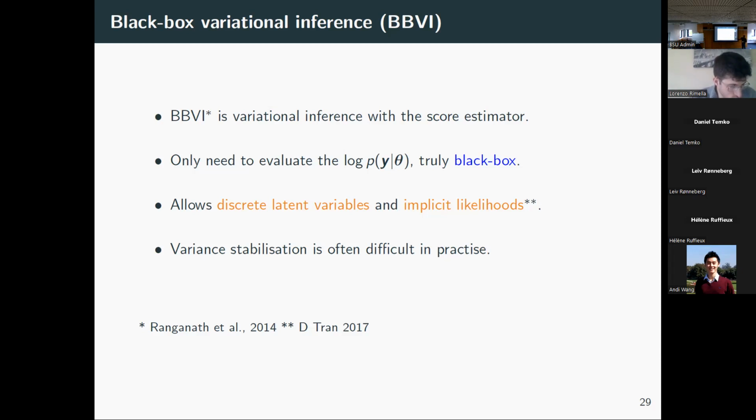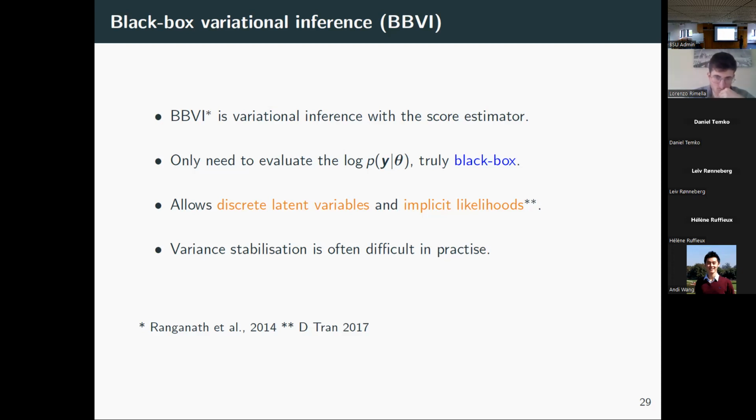So this is one area where this algorithm is quite useful in my opinion, because if we can figure out a way to control the variance, then this is a nice way to do ABC variational inference, right? You do not need to run very simulation intensive things. Variational inference will squeeze down your simulations, and all you need is a good control variate or some variance reduction technique, and you can use implicit likelihood models.